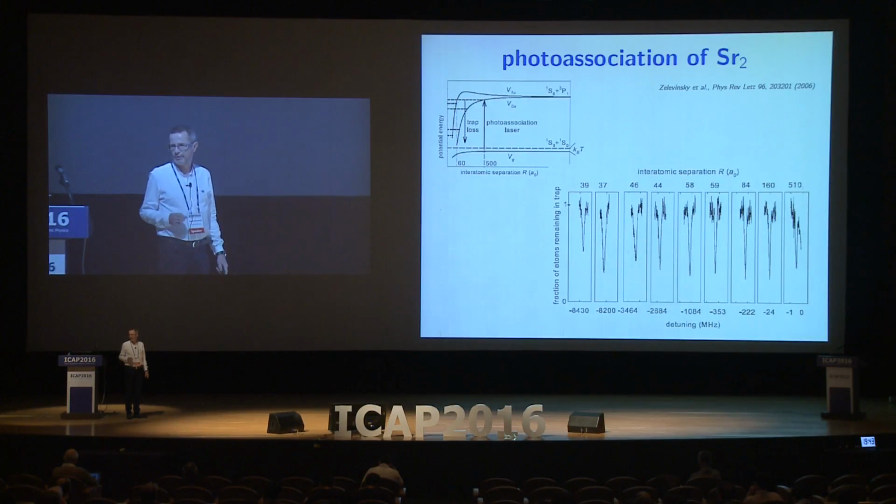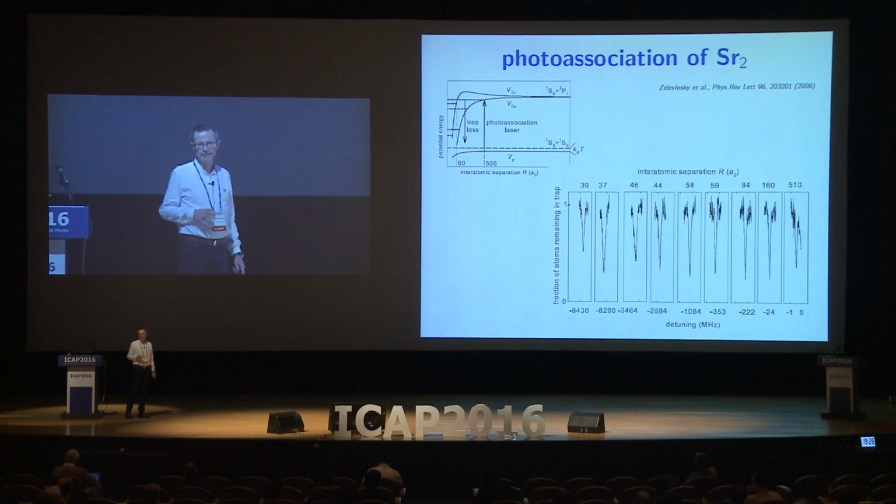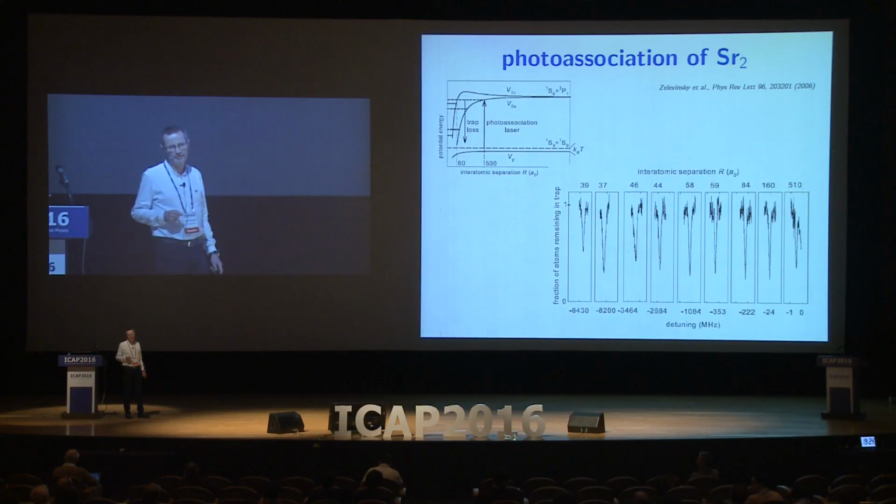For those familiar with wave numbers, the least bound state is bound by 0.3 megahertz, which is 10 to the minus 5 wave numbers, which is 10 to the minus 10 Hartree. And for those who like electron volts, this is of the order of nano electron volt. So this molecule is extremely loosely bound.